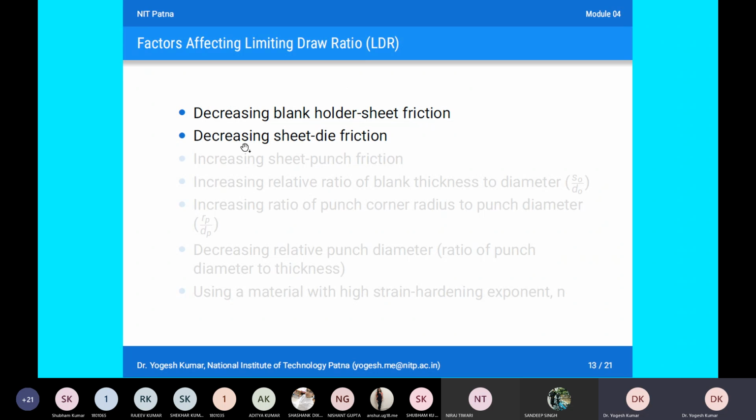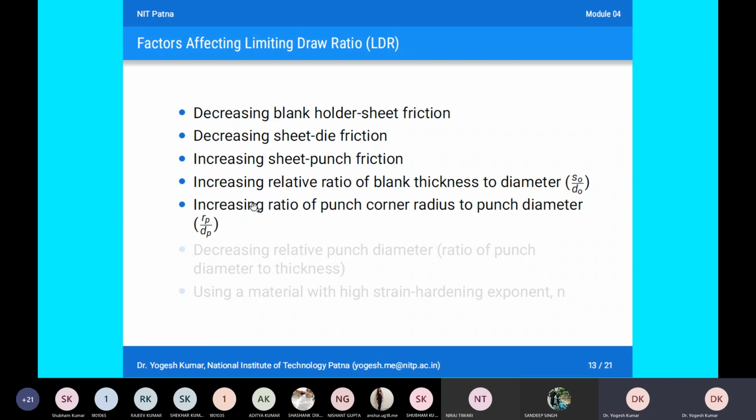Similarly, by decreasing the frictional force between your sheet and die. Previously it was between blank holder and sheet, now it is the sheet and die friction. Then by increasing the sheet and punch friction. Then by increasing the relative blank thickness to diameter.